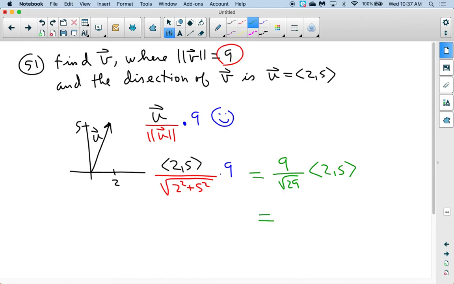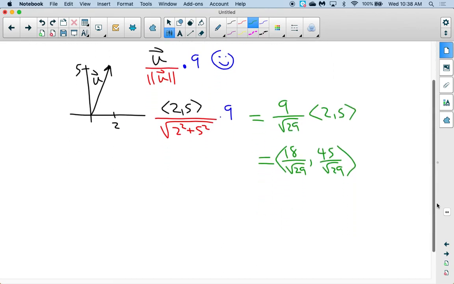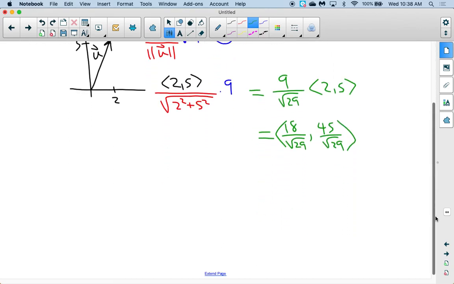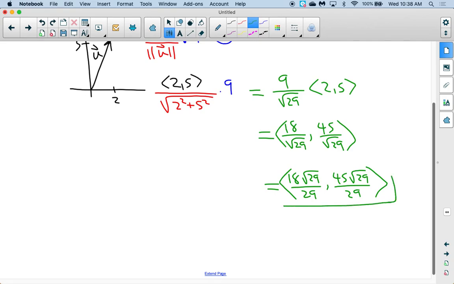And that would give me 18 over radical 29, comma, 45 over radical 29, boom. And of course, that's not really a conventional way to write radical expressions. So finally, 18 radical 29 over 29, comma, 45 radical 29 over 29. Use the component notation, though. Make sure you don't forget that.